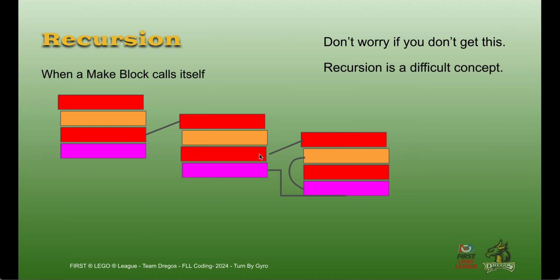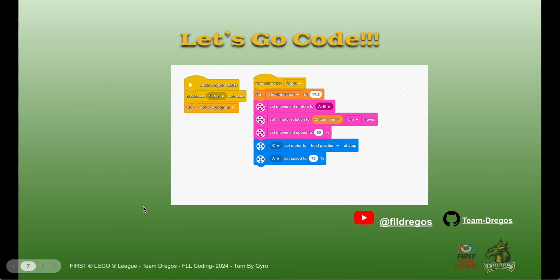Then the code will come to the pink stuff, then this will cancel out and come back. It will find out which way it has to go, and it'll head straight back to the code. Now, let's get started.